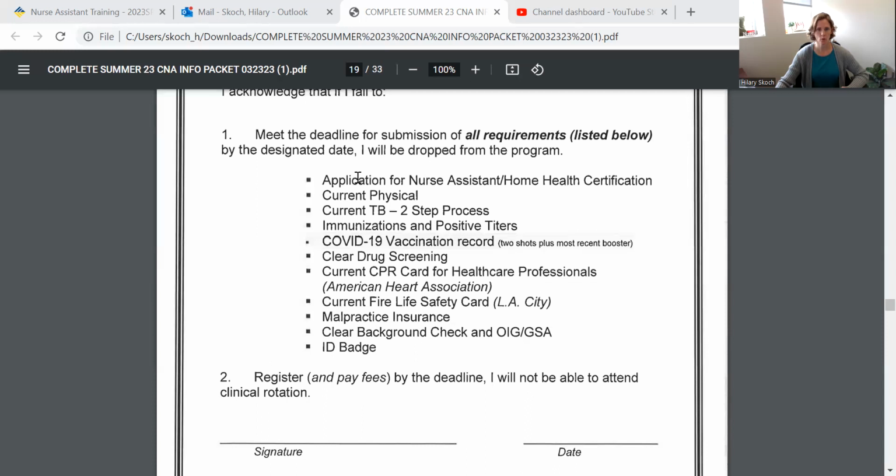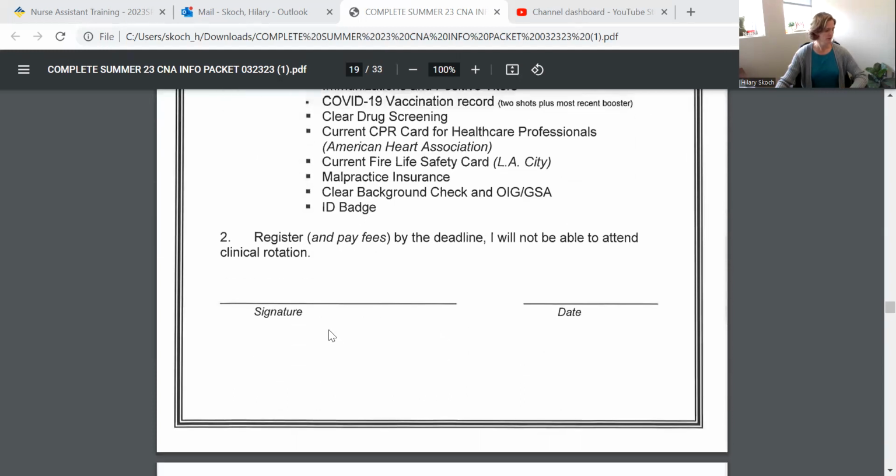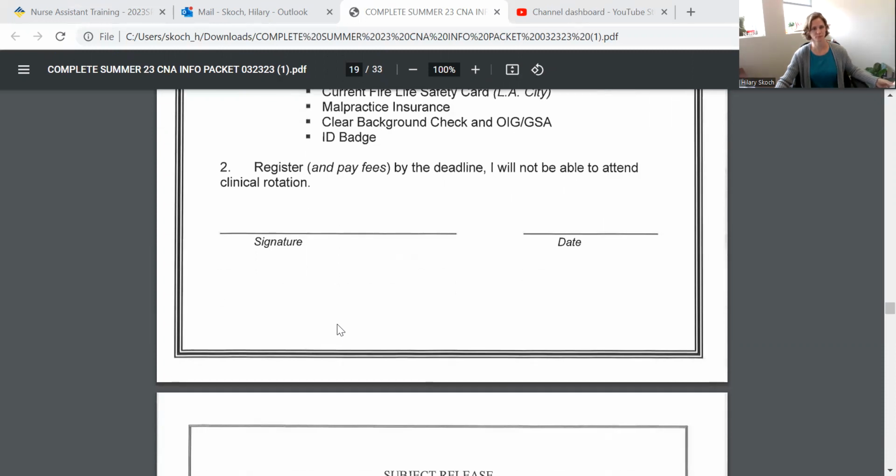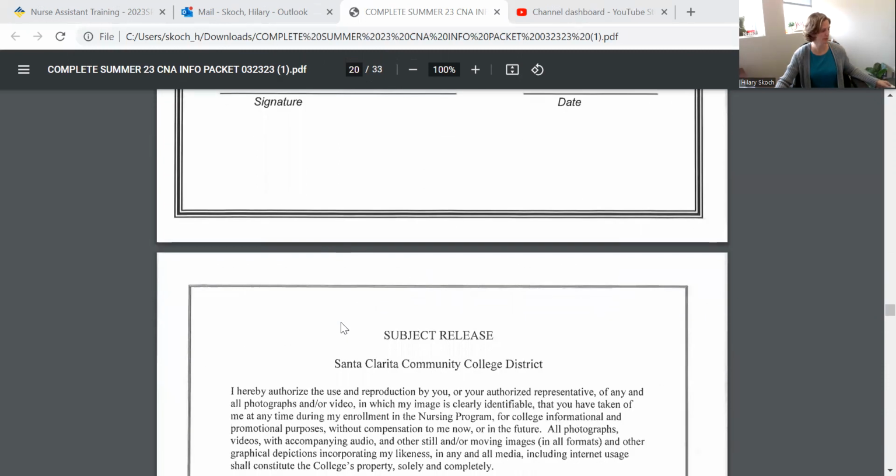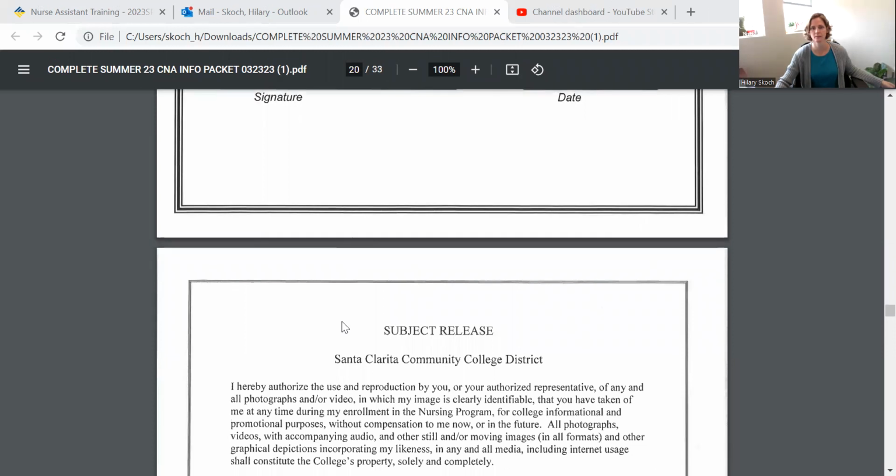If you do not do the requirements listed below before or on the first day of class, you will be dropped from the program. So by signing this, you acknowledge all of these need to be completed on or before the first day of class, or you'll be dropped from the program if you cannot meet that deadline.